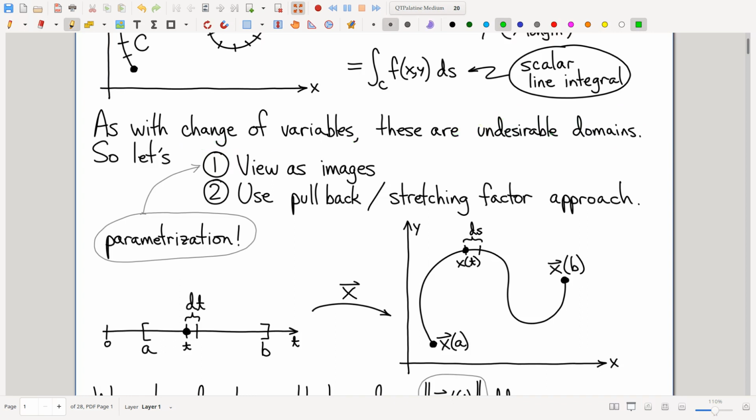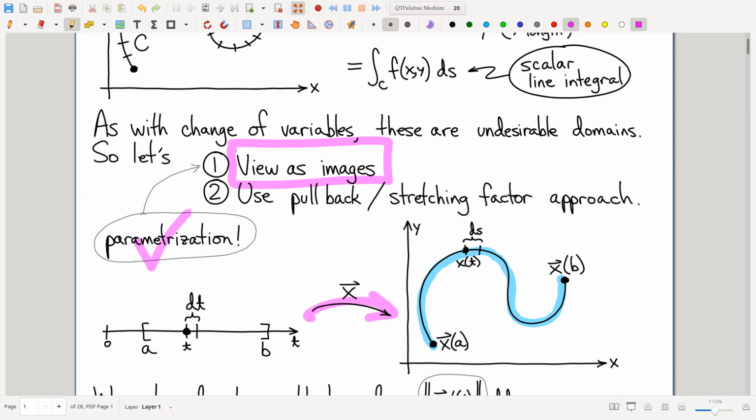Well, you take your undesirable domain, and the very first thing you have to do is view it as being an image. So I'm going to need to figure out how to view a curve as being outputs from a function. And again, good news, we already know how to do that.